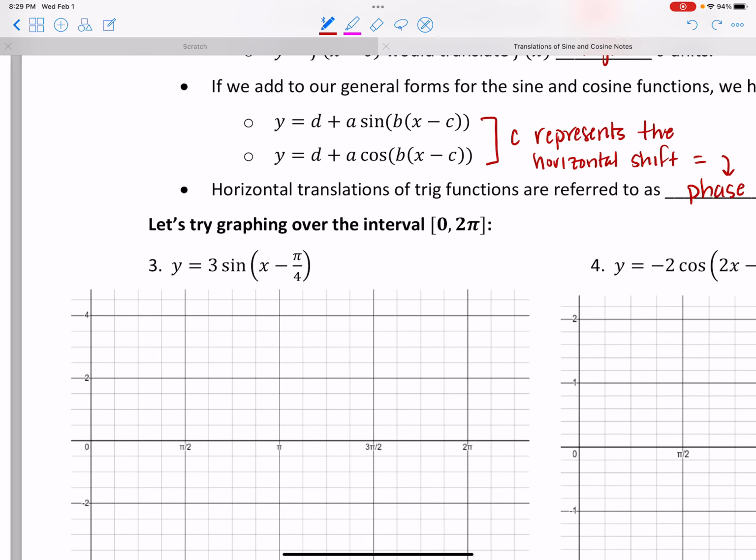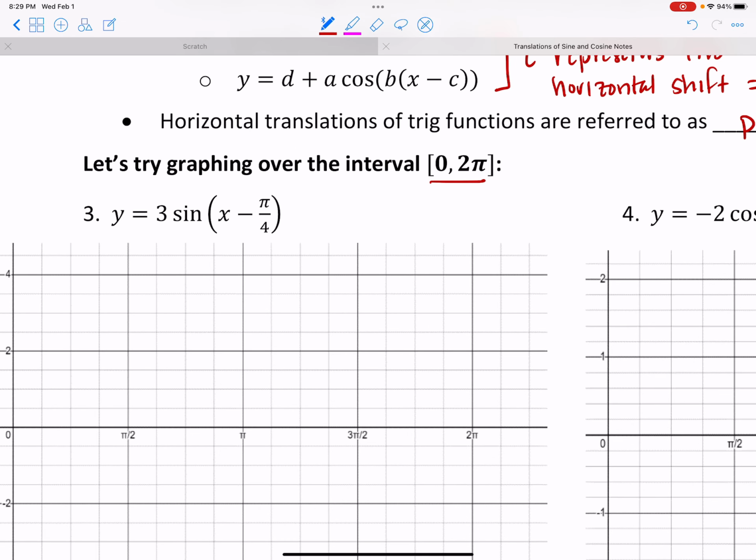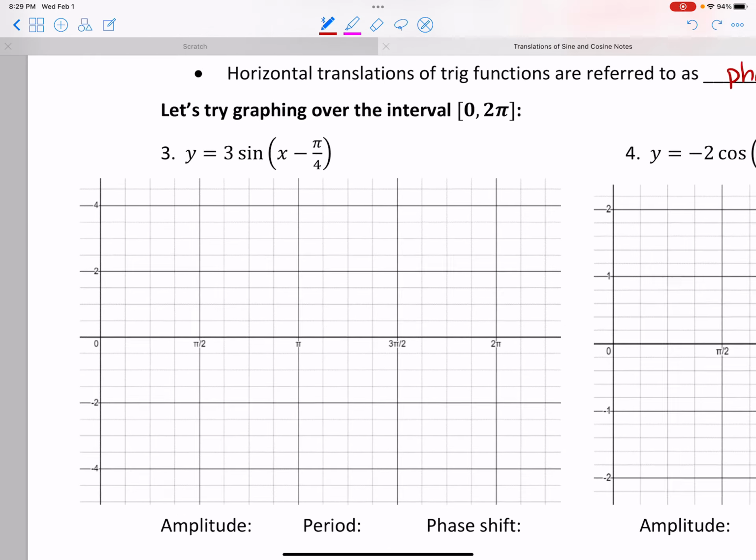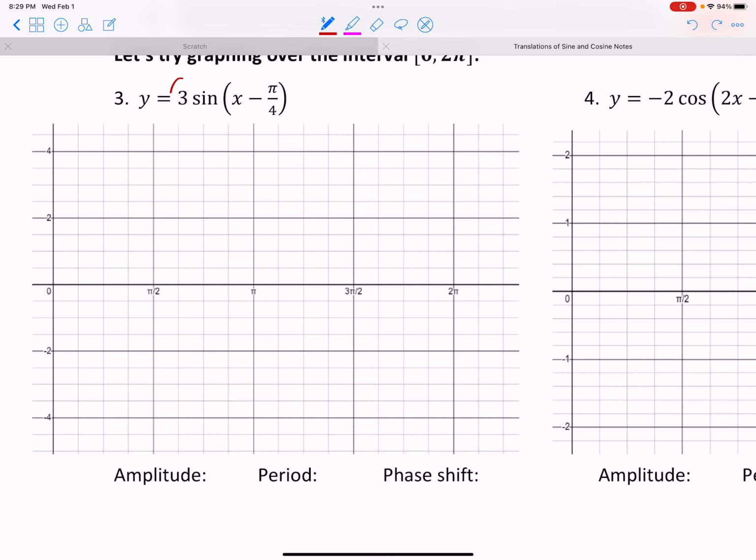Okay, so let's look here first. We're going to try to graph again over the interval from 0 to 2 pi by including this phase shift. So this still affecting my amplitude, so I know the amplitude of this graph is going to be 3. I'm not shifting up or down, so my midline's not going to move. That's still going to be here. What's going to move in this, and I don't want to mess my picture up too badly, but that's not moving, so I can still use the x-axis the way I would normally use the x-axis.